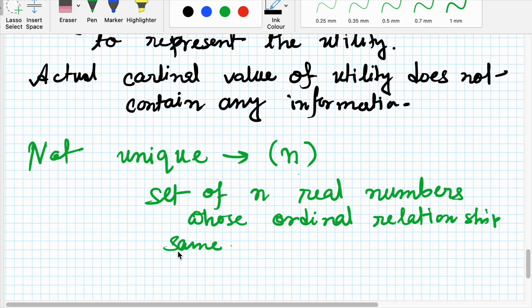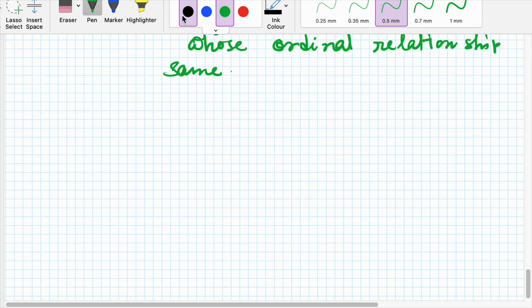Now, this is all about decision making under certainty. Now let's talk about decision making under uncertainty, which is very interesting.